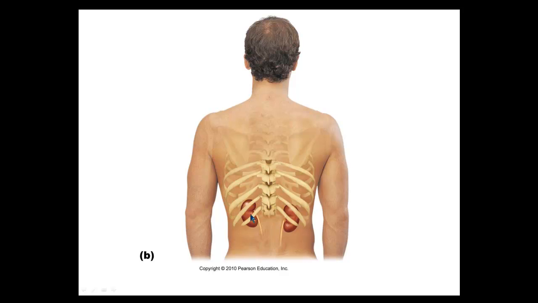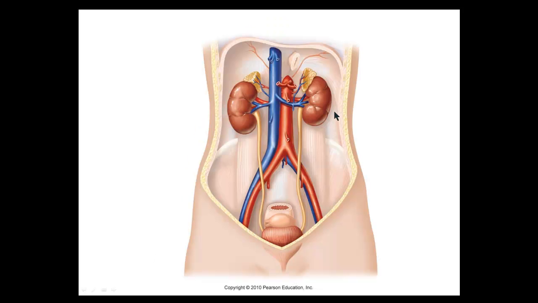And the job of the kidneys is to filter blood that comes in via the renal artery, and the plasma comes out of the blood through the capillaries in the kidneys, and that filtered plasma eventually leaves the kidney via the ureters. So there's a pair of ureters that drain each kidney. So here's the left and right kidney.